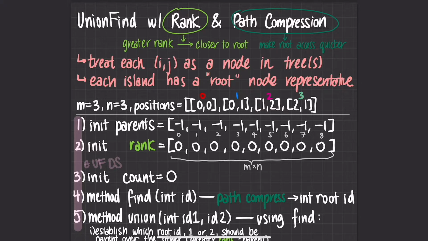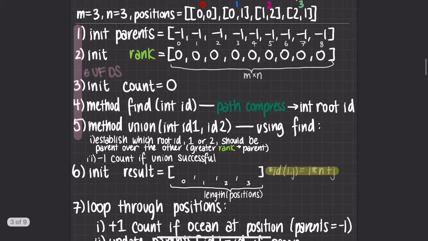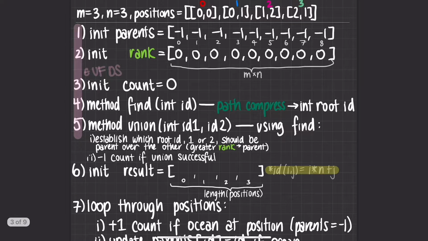So using the same example, I'm going to walk through the algorithm and the implementation. So first, we initialize some variables. We initialize parents to be an array of size m by n, all containing -1 to start. The parent of some grid position, so of some node, is -1 if it's an ocean. And to start, we have an m by n grid of only ocean plots, so all -1s make sense.